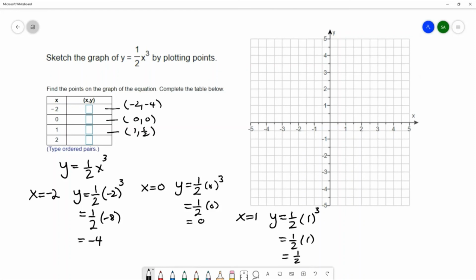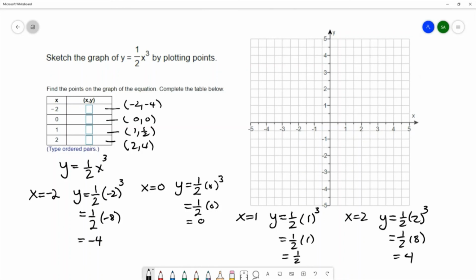And then finally, we'll repeat that again with an x value of 2. We have y equals 1/2 times 2 cubed. That's 1/2 times 8, which is 4. So in this spot here, we would fill in the ordered pair 2, 4.